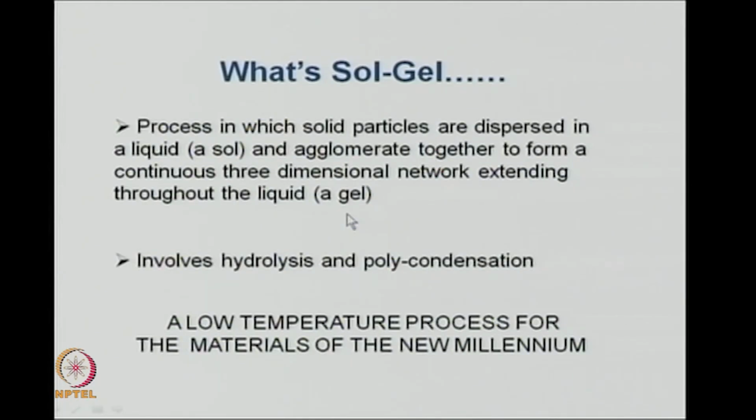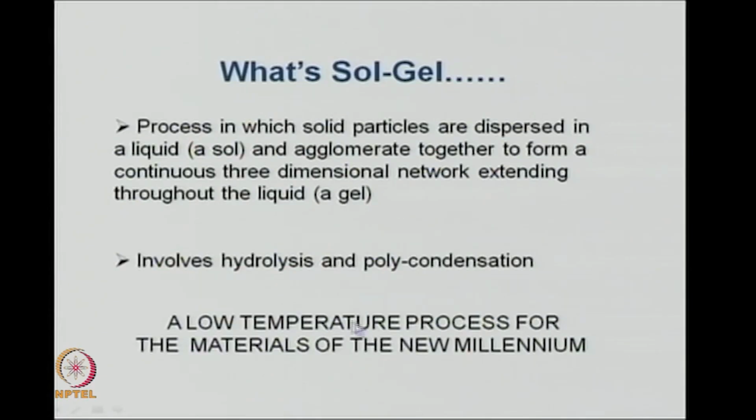So, in a gel you still have some liquid within it. From a sol, which is particles in a liquid, to a gel, which is an interconnected three-dimensional network structure which still has some liquid. This sol to gel transition involves hydrolysis and polycondensation.